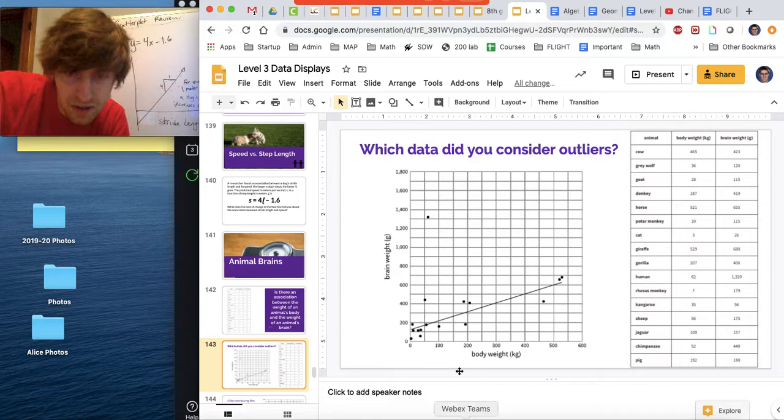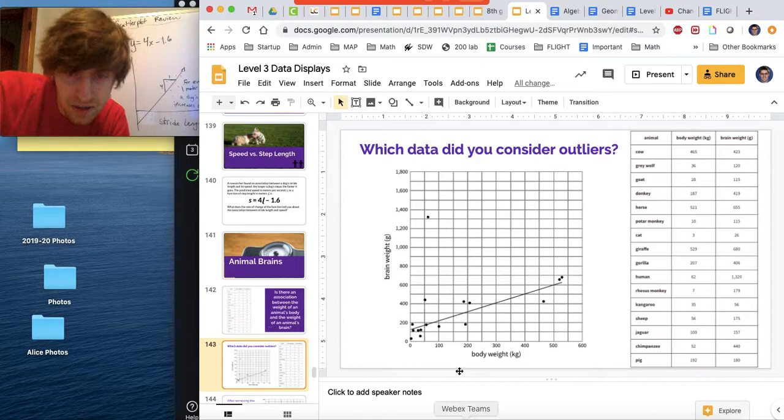Let's look down our list for a little bit bigger than 50. Oh my gosh, it's human. That's right, humans are animals. A human's body weight is 62 kilograms, and the brain weight is 1,320 grams. So yeah, that makes perfect sense that a human is an outlier when we're talking about animal brains.